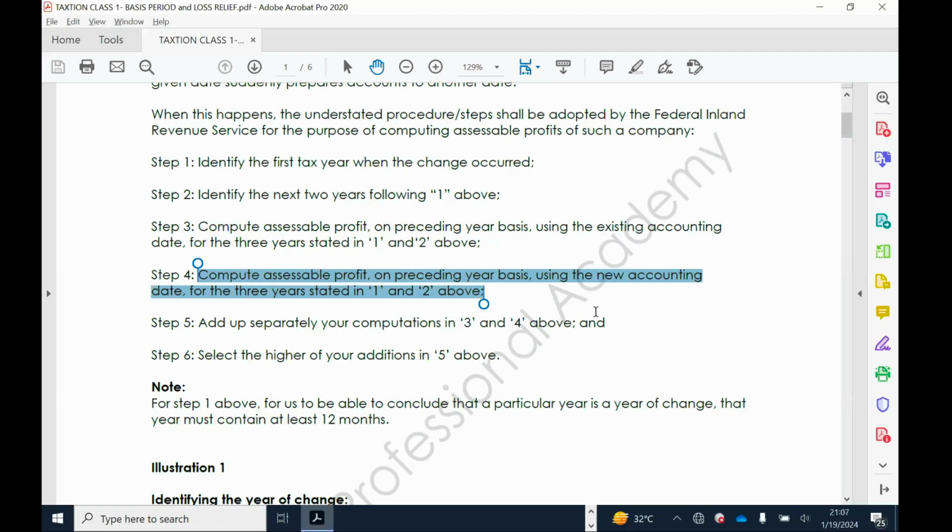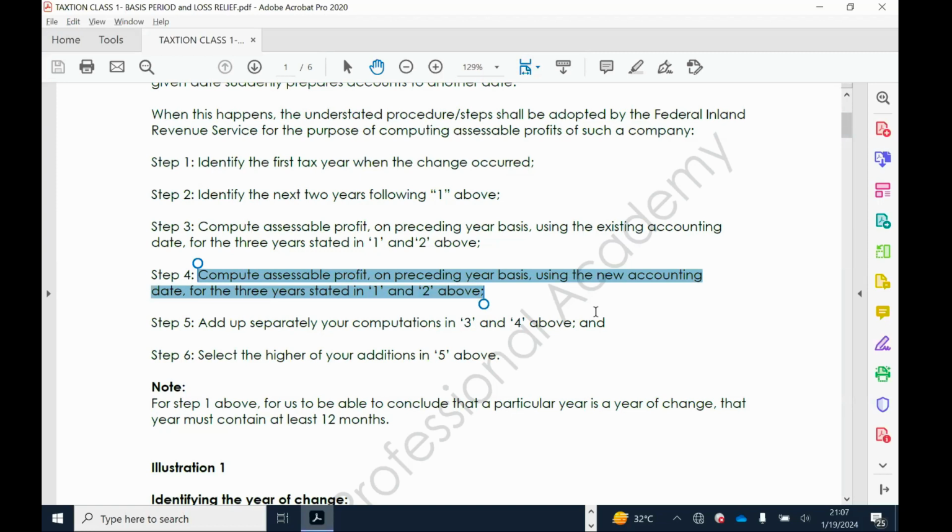The next step is saying we should compute using what? 31st of December. We will compute both separately. We will assume that those 3 years have 31st of December as their accounting year end. In the first one, we'll assume that the 3 years have 30th of September as their accounting year end.